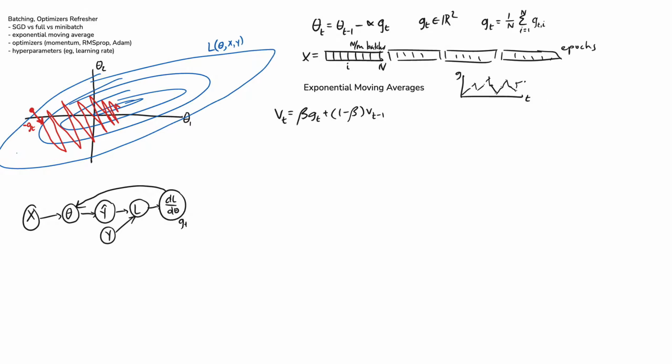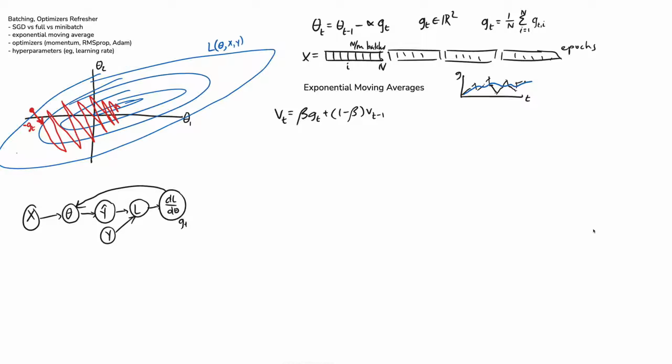If you applied this moving average to this, it would look something more like this, smoothed out, just like a line plot between the points. And of course, think of G as our gradient, and the step we're going to take.